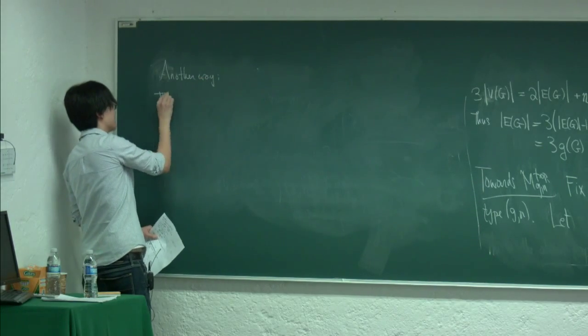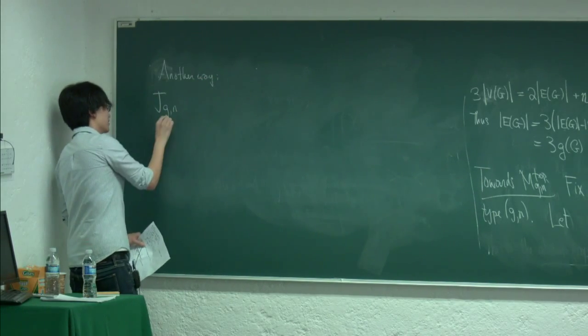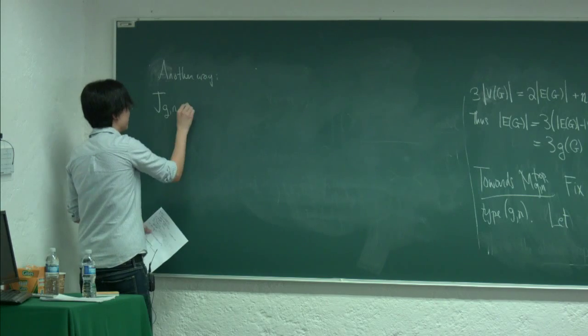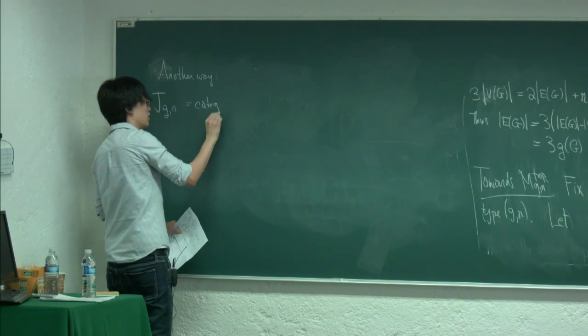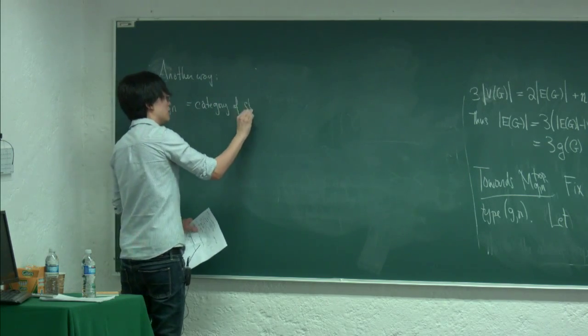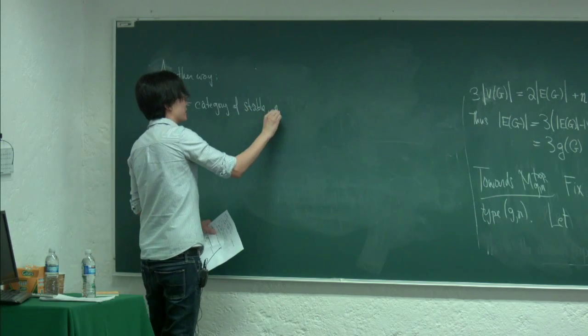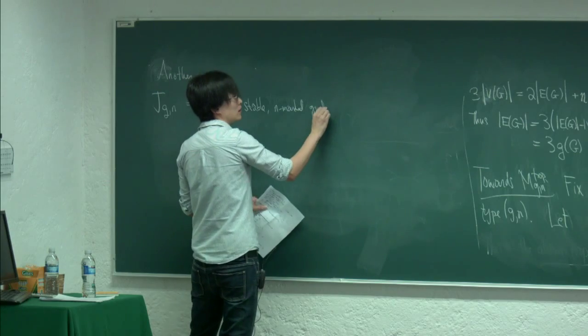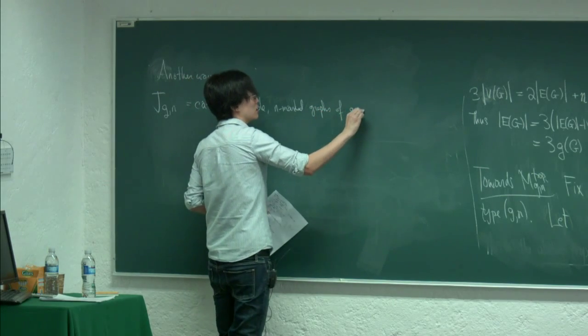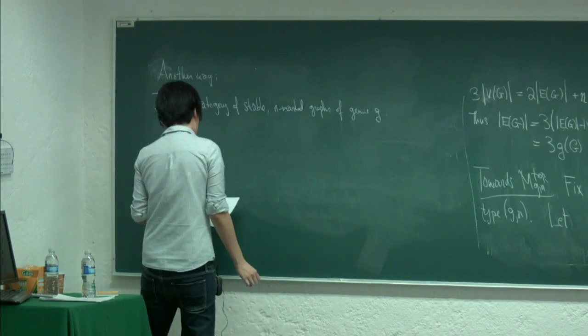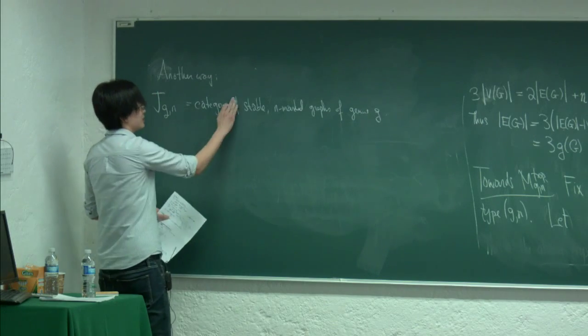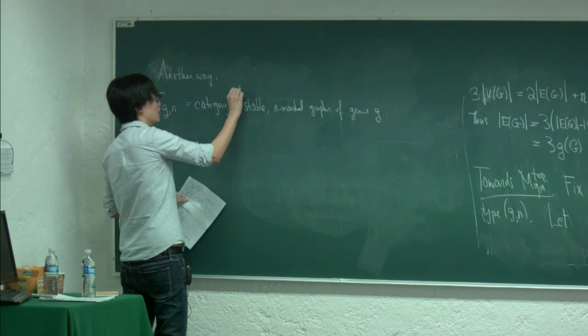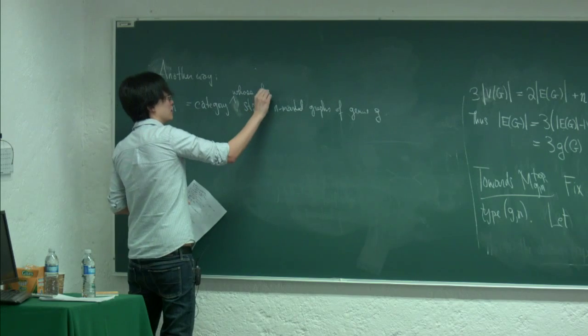I'll just say this somewhat briefly. There is a category of stable n-marked graphs of genus g. The objects are these guys.